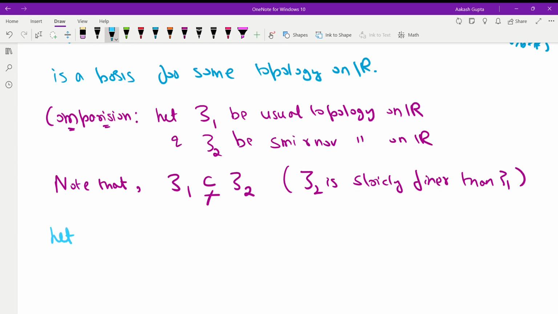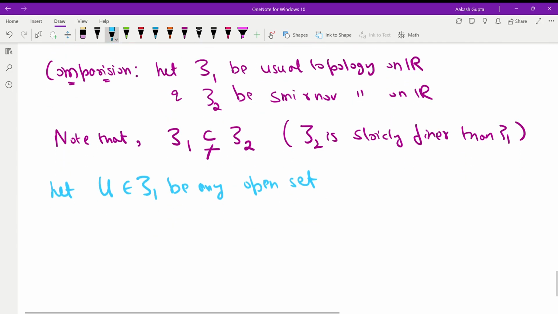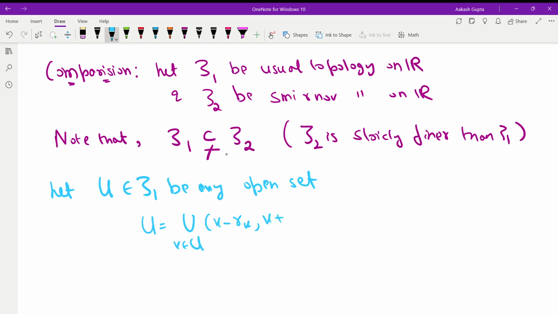So let U belong to tau 1, be any open set. You know that you can write U as a union of open intervals, of the kind x minus r_x, x plus r_x.